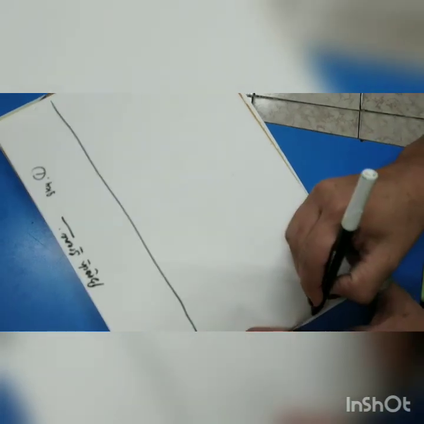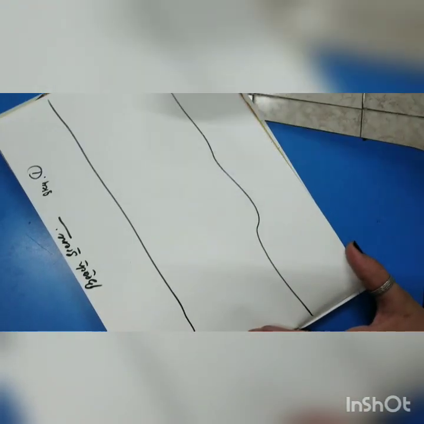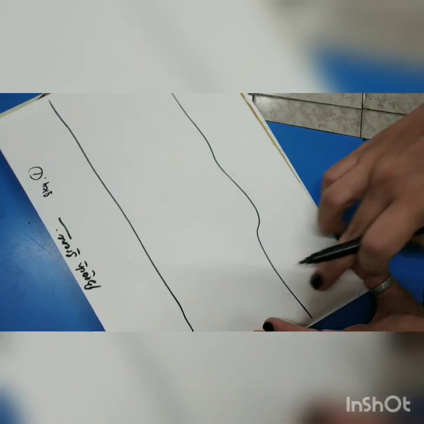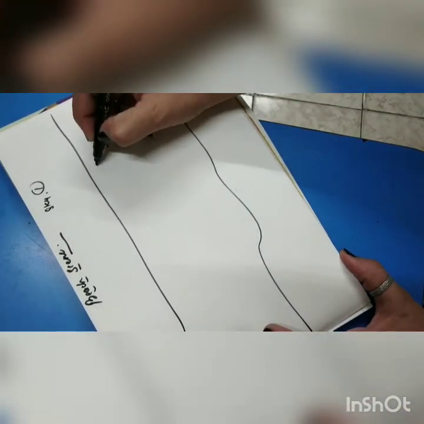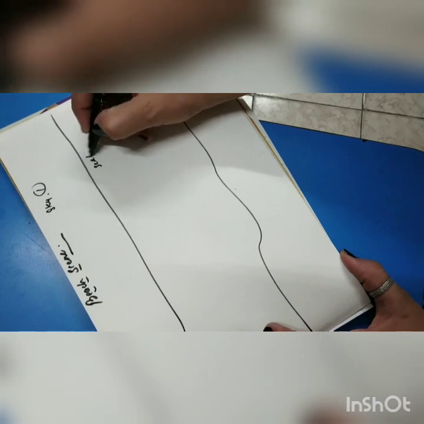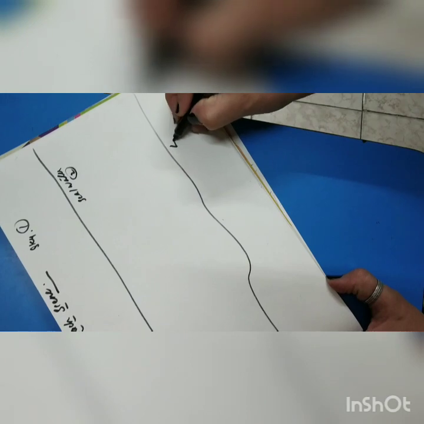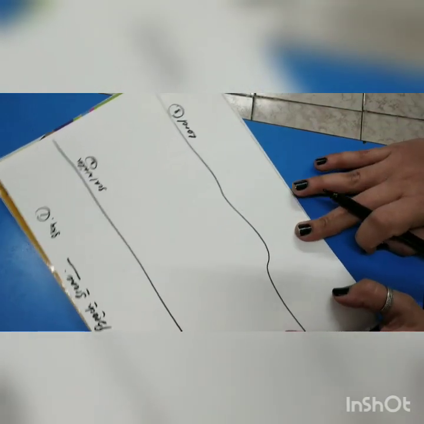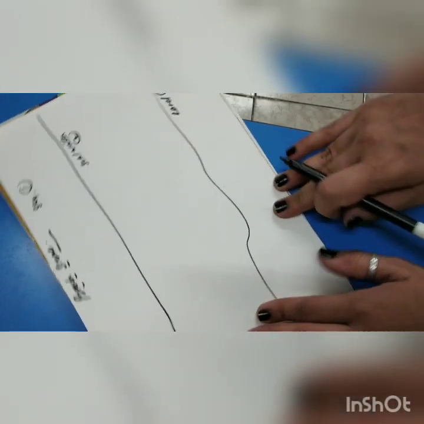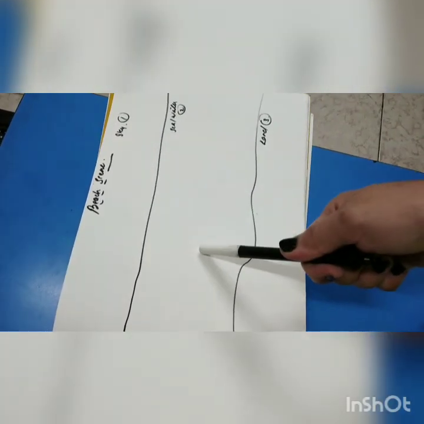You need not make it straight, you can make it a bit curvy. So this is your sea water, and then third is land. So do this first. You need to make these 3 lines: sky, water and land.